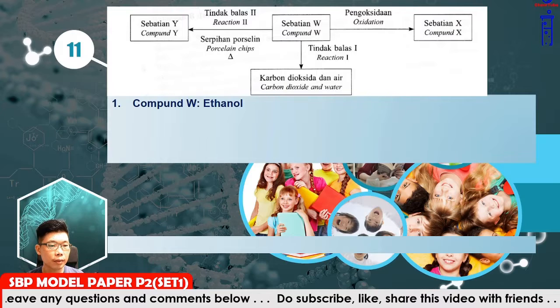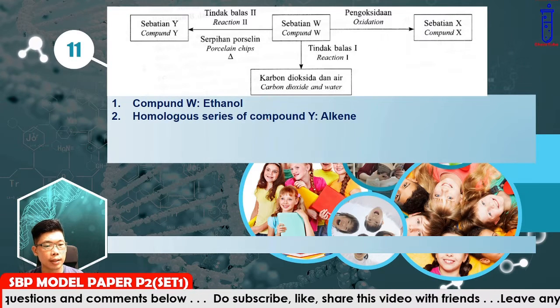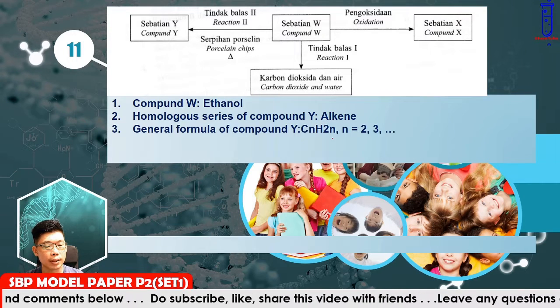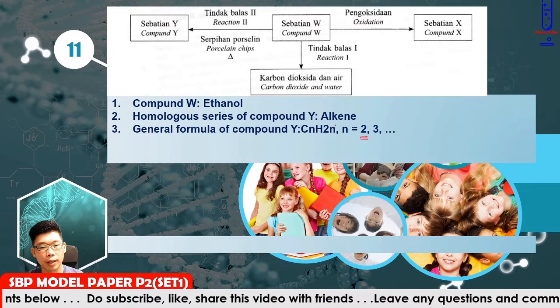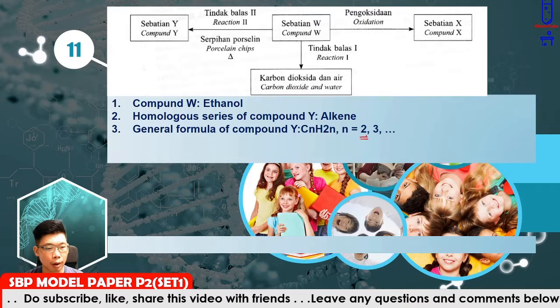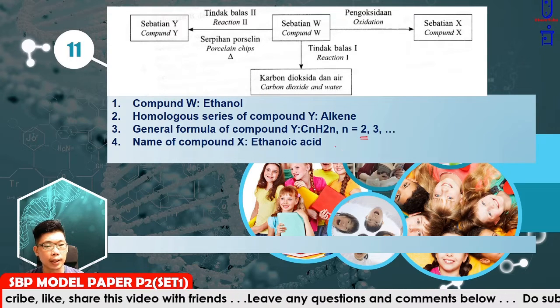Okay, so W is ethanol. Homologous series of Y is alkene. General formula is CnH2n. N must start from 2 because alkene has a carbon-carbon double bond. The name of compound X is ethanoic acid.